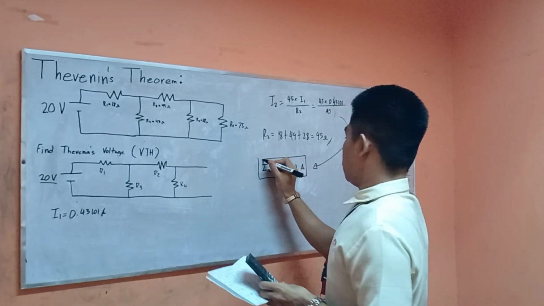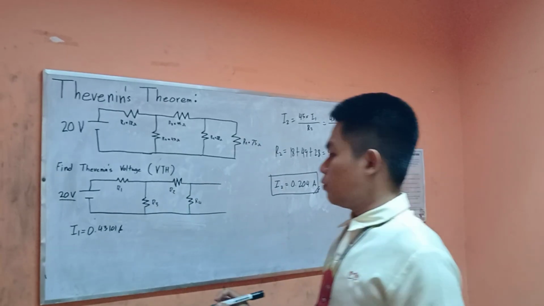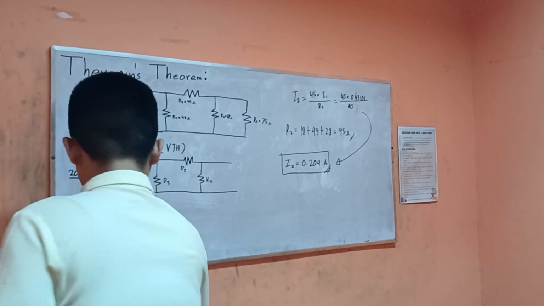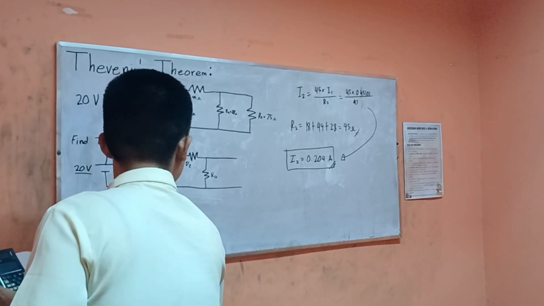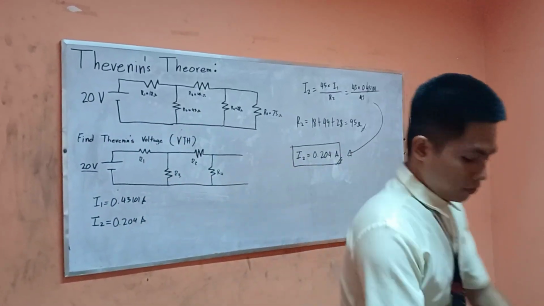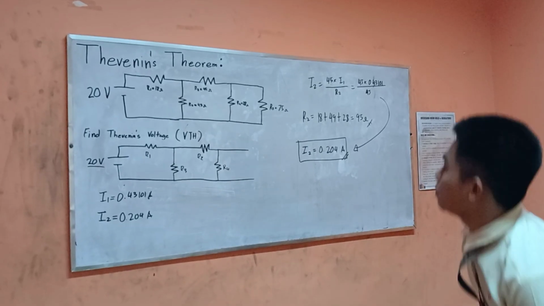This is our loop 2, which we put as the total here, 0.204 amps. Now we need to solve for the voltage.